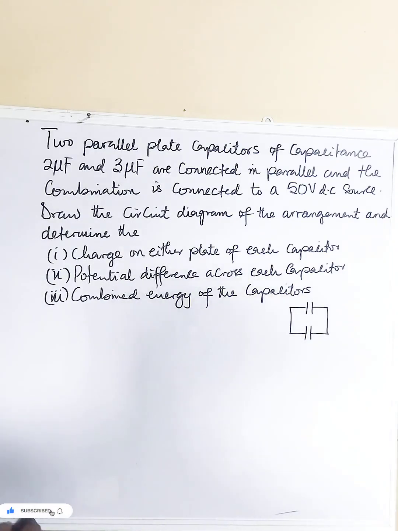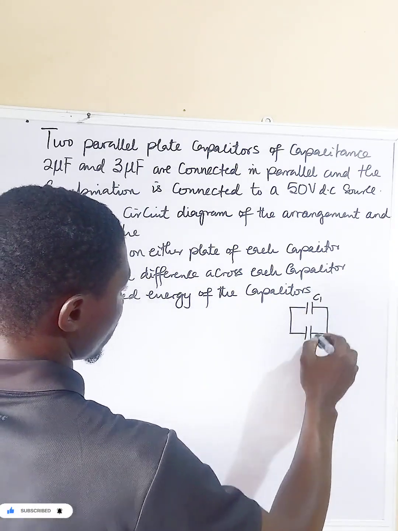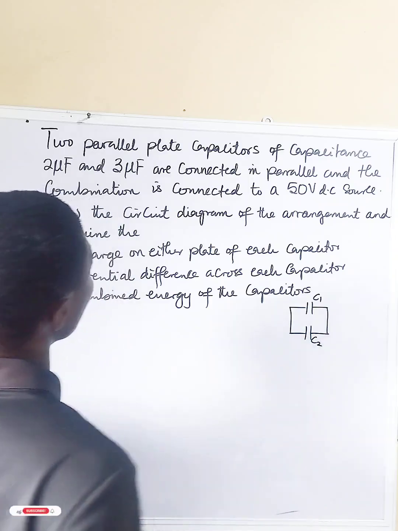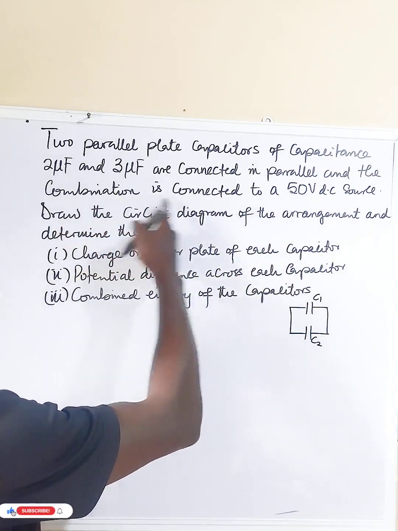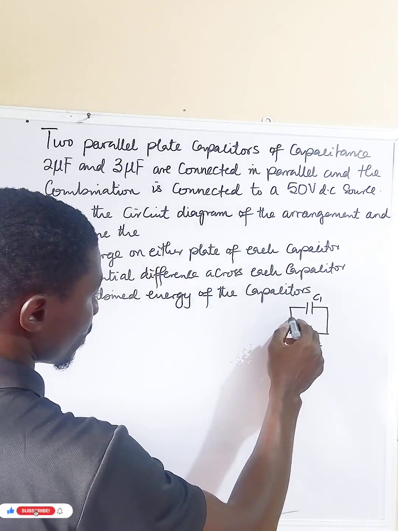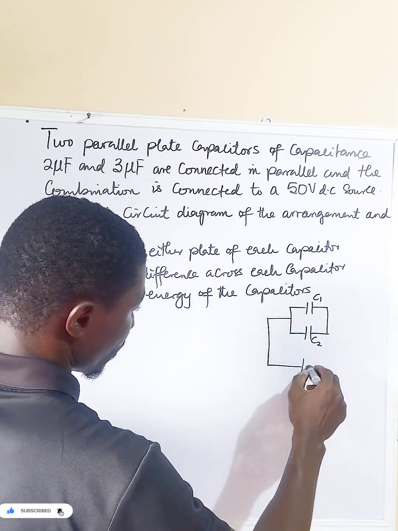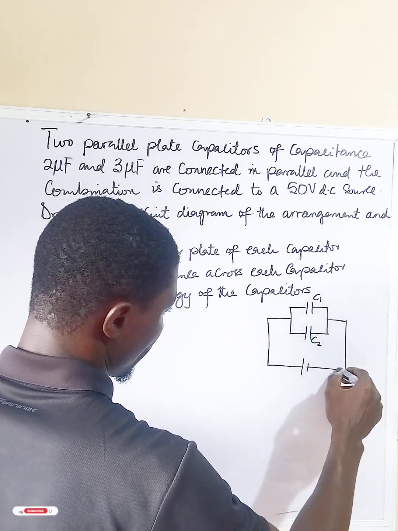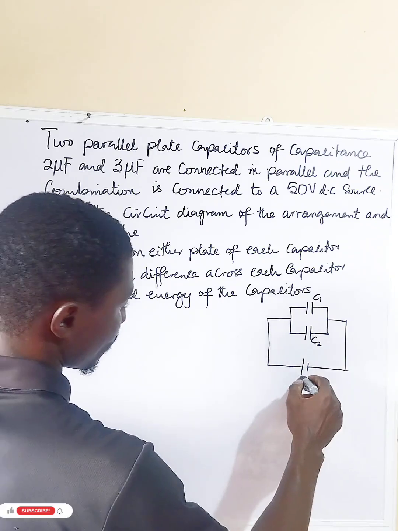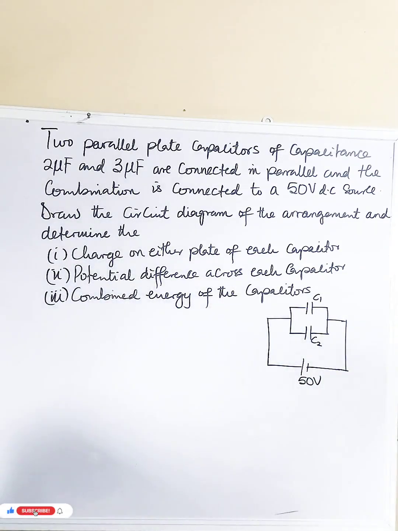Okay, now let's say this is the first one, C1, and C2, are connected in parallel, and the combination is connected to a 50 volt DC source. All right, so this is for the first one.